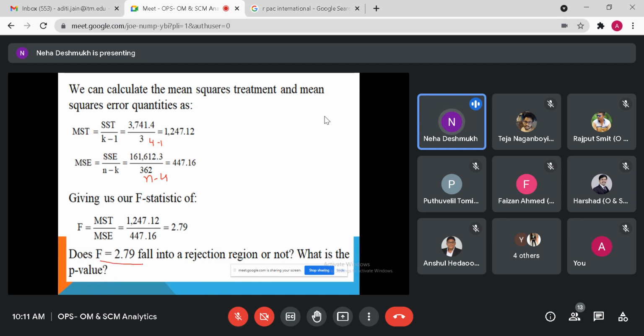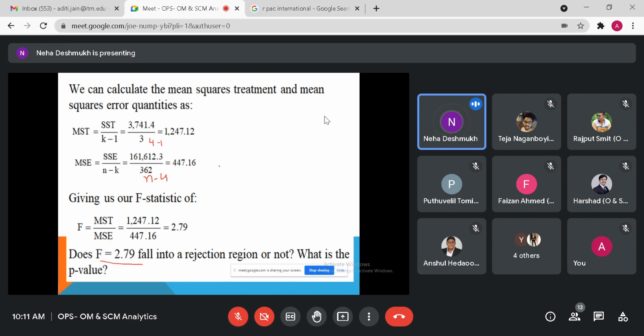If the F statistic is less than the F critical value, we can conclude that the test is significant.